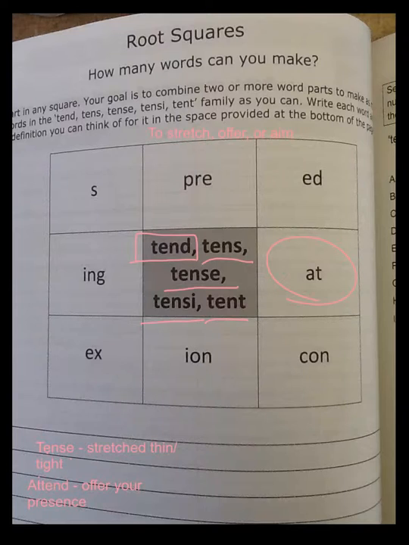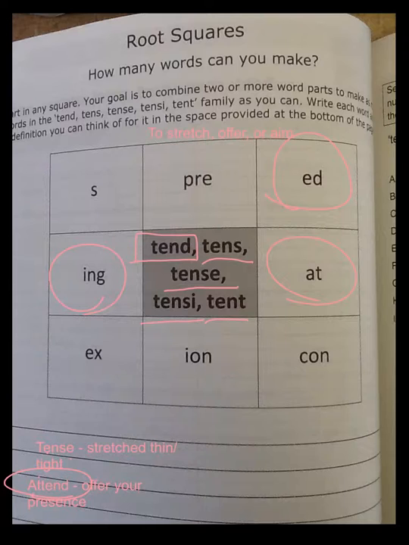Now to give you a heads up on some other words that you can create as you continue on, you can take the word attend and you can add some endings here. Take a look at that. Attend and then add an ed, what do you have? Attend, add an ing, what do you have?